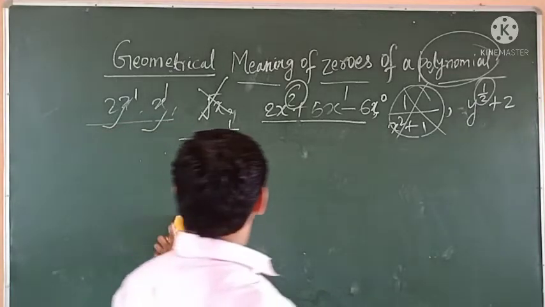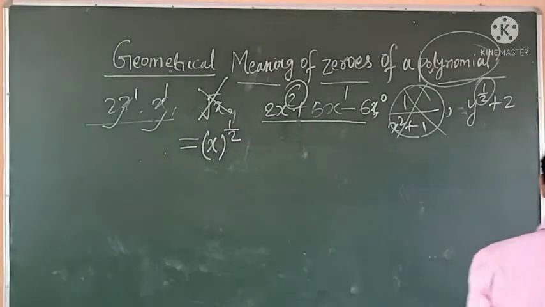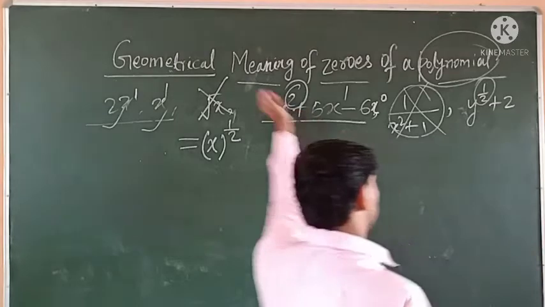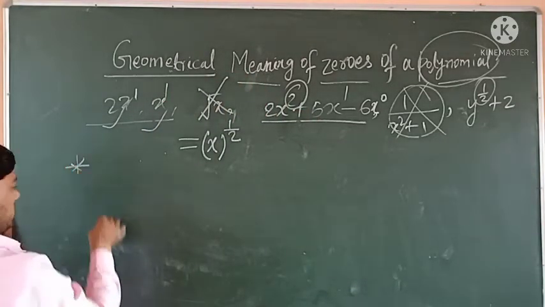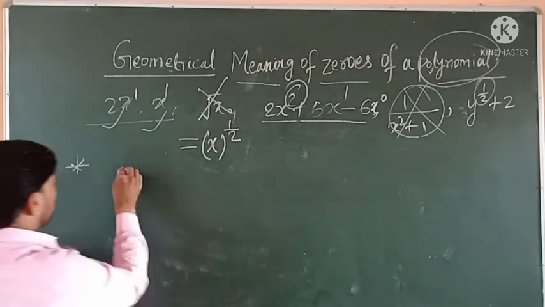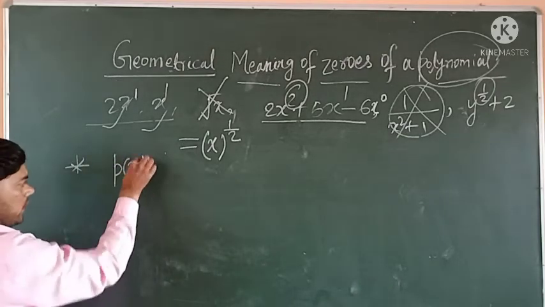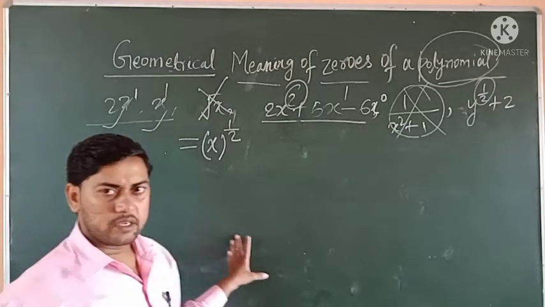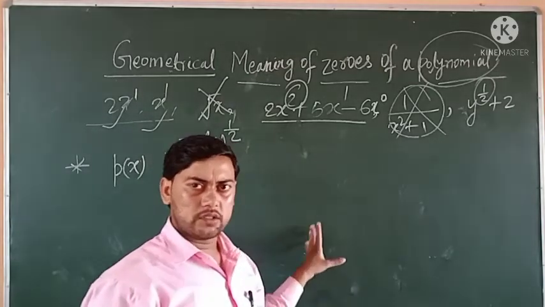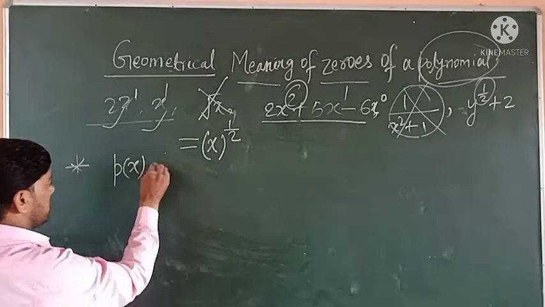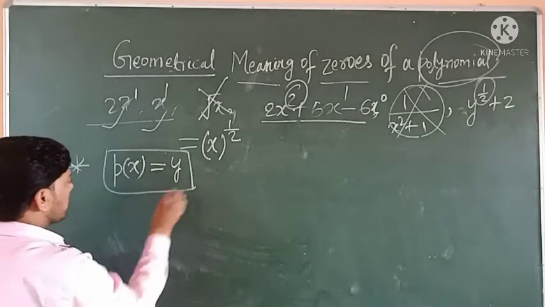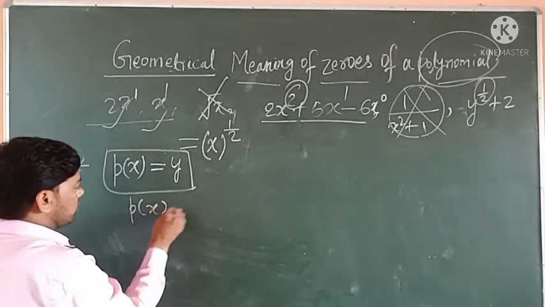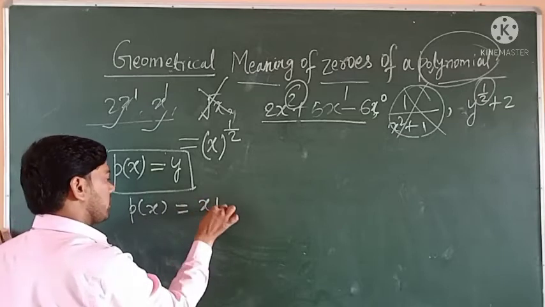Okay, now come to the geometrical meaning of zeros of a polynomial. A polynomial is denoted by p(x), f(x), t(x), g(x), q(x), r(x), etc. p(x) stands for y. Suppose p(x) is equal to x plus 1.